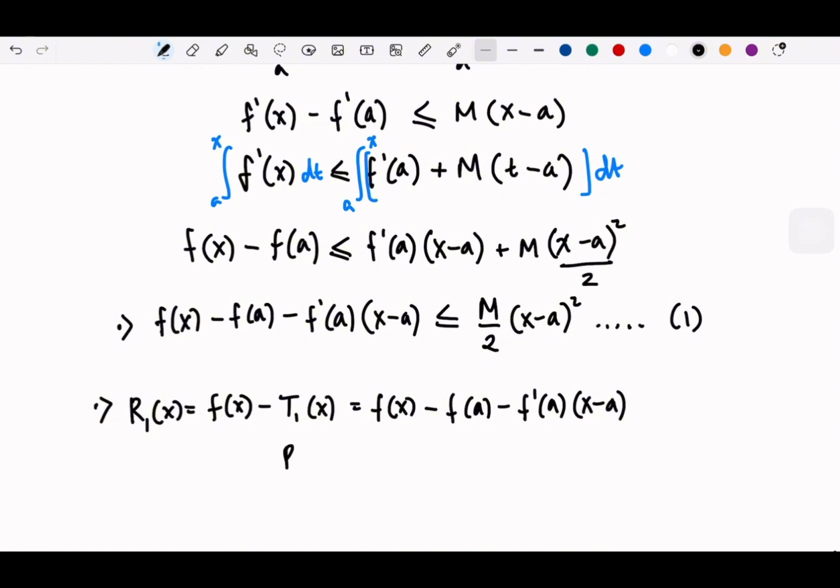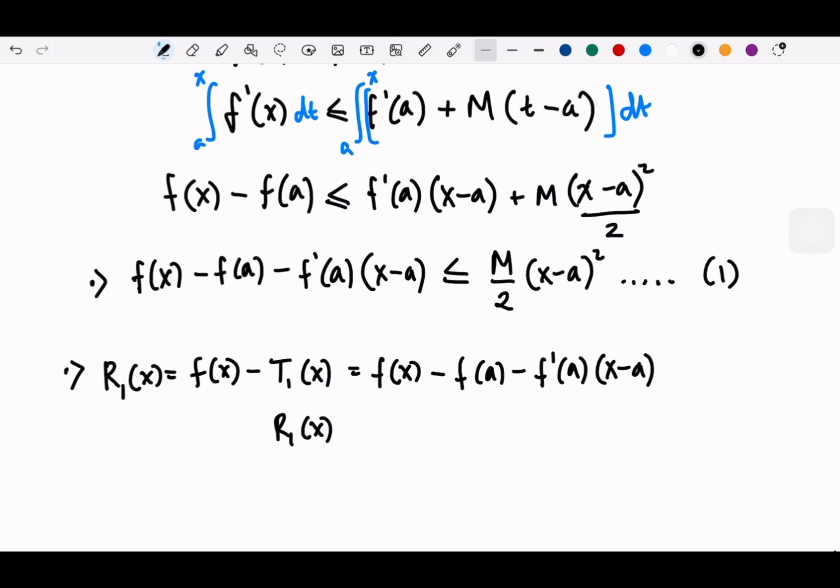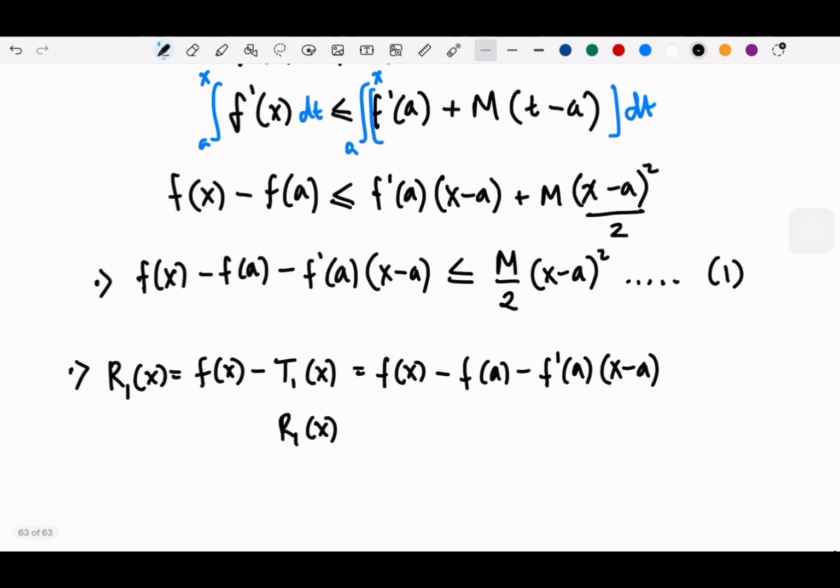So the R1 of x should be less than or equal to this, since R1 is equal to this.